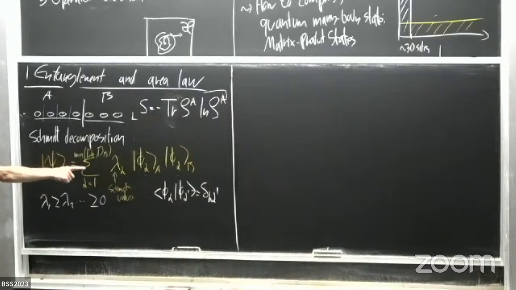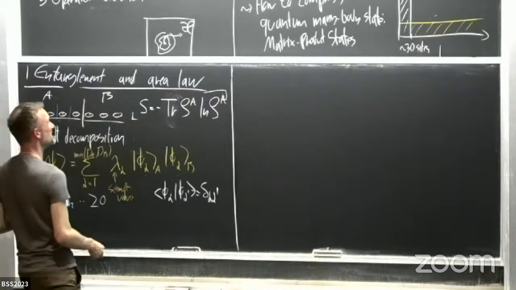Now, if you have this decomposition of the state, it's actually fairly easy to show. And if you don't see it right away, I encourage you just to quickly plug it in.